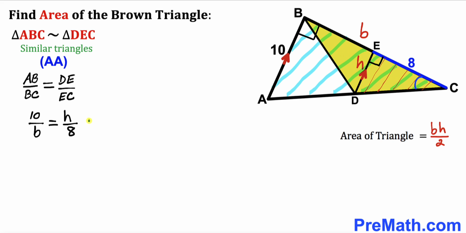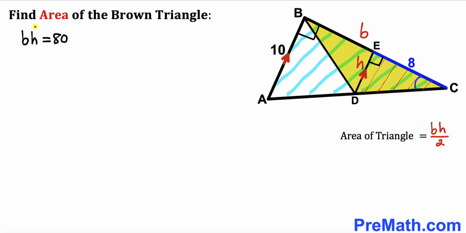As you can see in this next step, I have replaced all these side lengths by these values. Now let's go ahead and cross multiply. So we can write b times h equal to 10 times 8, which gives us 80. So our b times h value turns out to be 80.